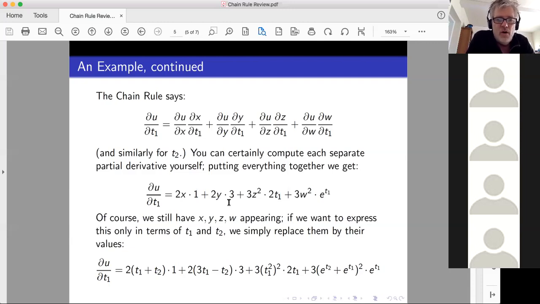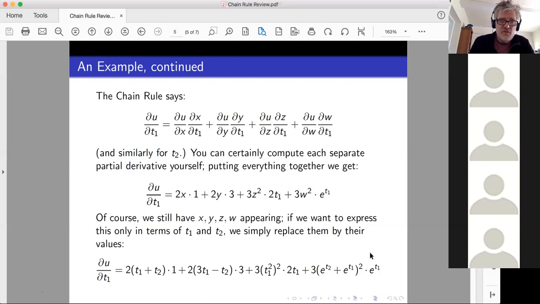So if we only want t1 and t2, we just replace by the values that we know we have for these. This is what I did here. I just wrote down explicitly the partial derivative of u with respect to t1 in terms of those 2 variables only. But often it's not necessary to do this and to evaluate, let's say.